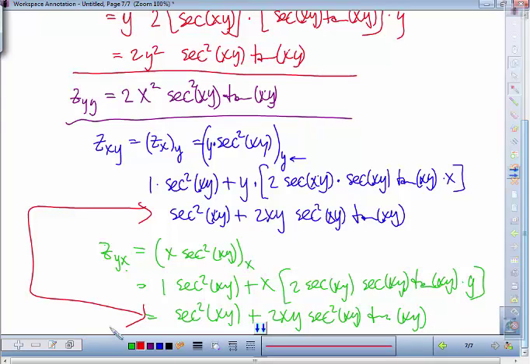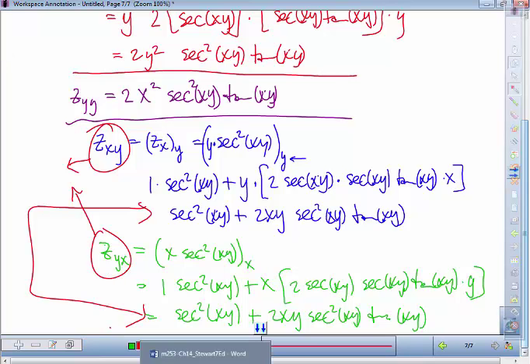Is there a scenario where it wasn't equal? The only scenario where it won't be equal is if there's something weird with the function, if the function was not continuous or something weird happening. It turns out that most of the time, almost all of the time, these two things are equal. By the way, you can say that if the function is continuous for all x and y, then, actually, no, I think it has to be differentiable.